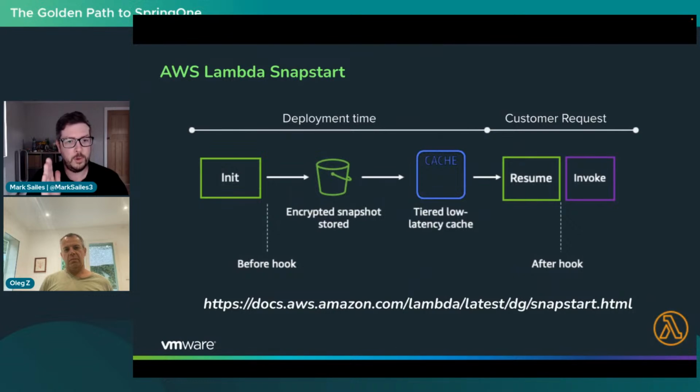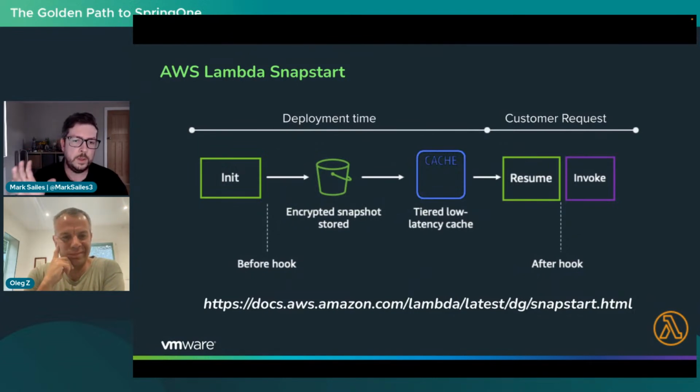and then we're going to take a full snapshot of the entire virtual machine, and we're going to take that image and encrypt it. Then we're going to put it into storage, and we're also going to take that image and pull it into pieces and put it into a tiered low latency cache.